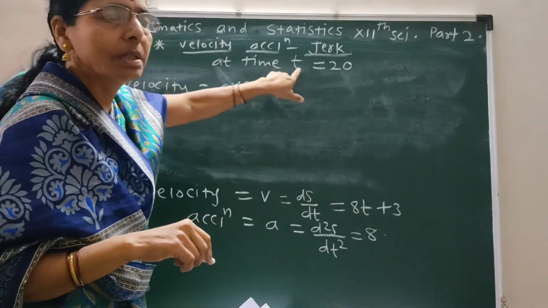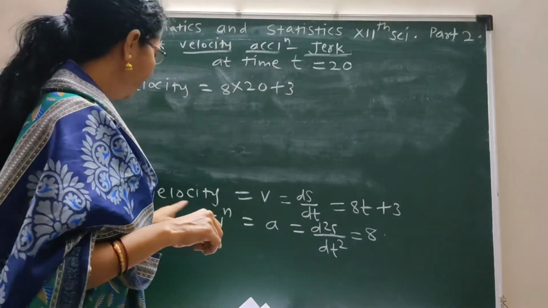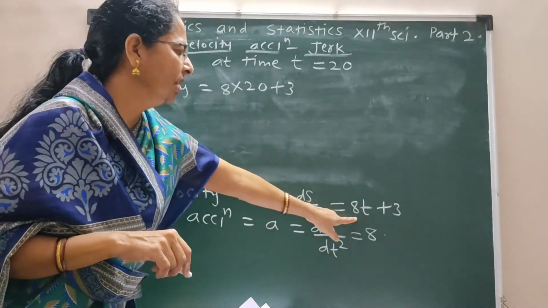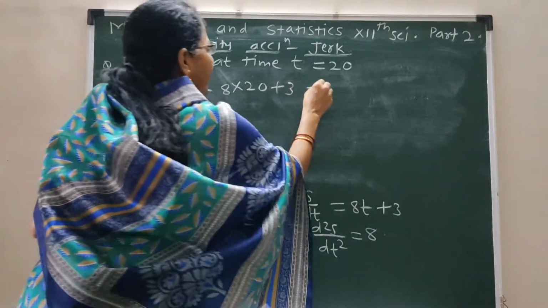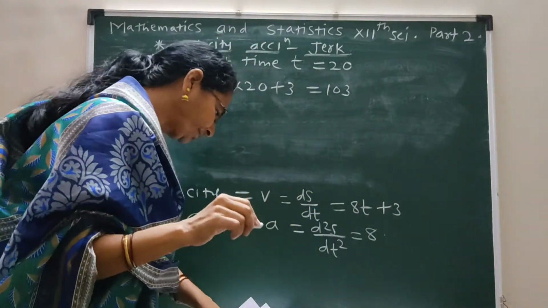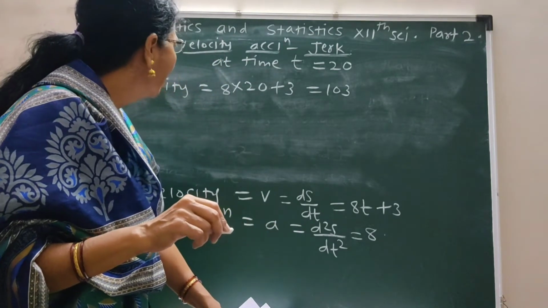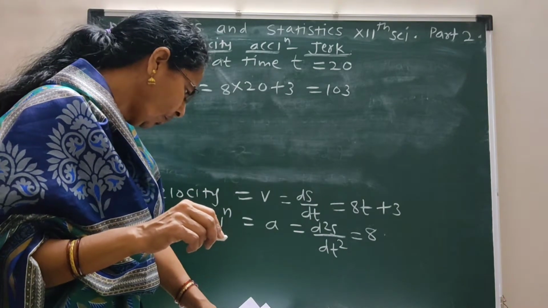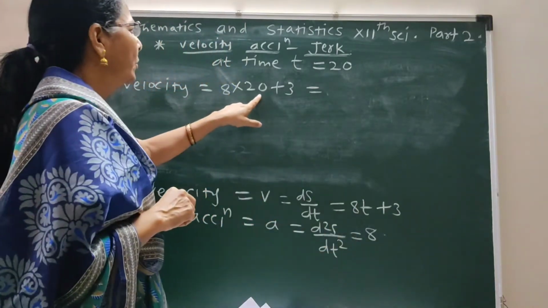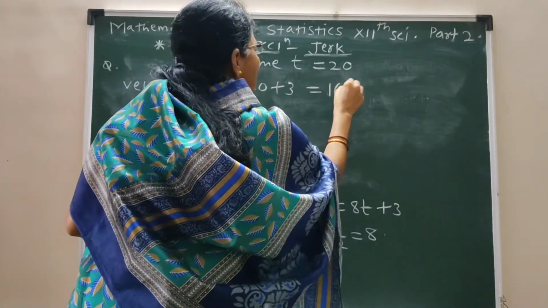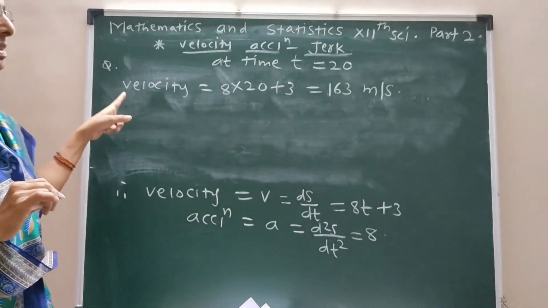We have to find velocity at t is equal to 20, so in this statement, where there is t, put 20. Velocity is equal to 8 into 20 plus 3, that is 160 plus 3, 163 meter per second. This is the answer.